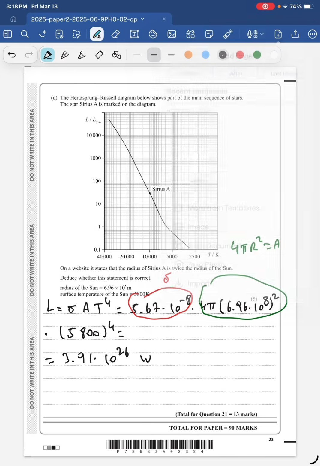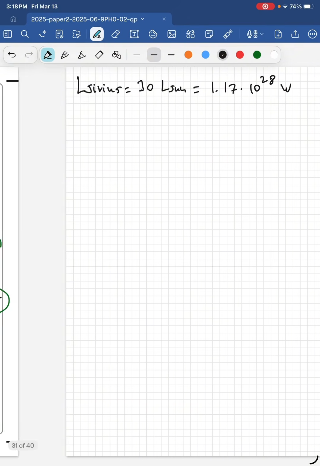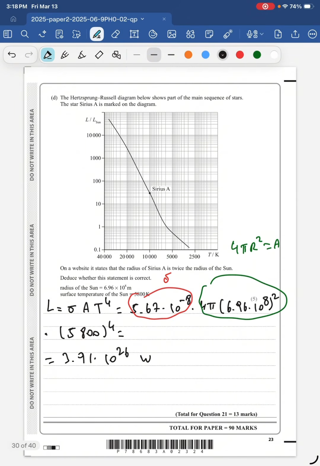Okay, now it is stated that the luminosity of Sirius is 30 times that of the Sun. So that's 1.17 times 10 to the 28 watts. Okay, so if we go to the plot they give us, we see that the surface temperature of Sirius is 10,000 Kelvin.